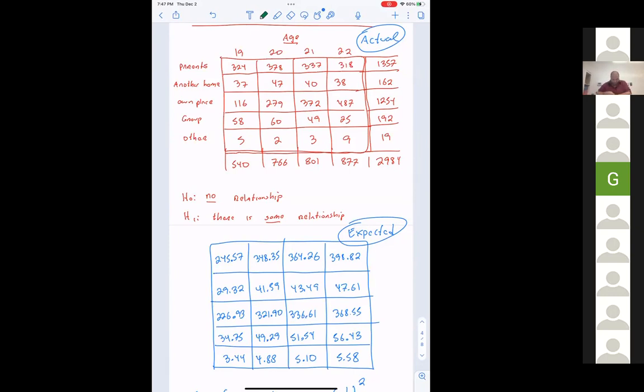Professor, what value did you get for this first column, second row? First column, 29.316. Yeah, same.